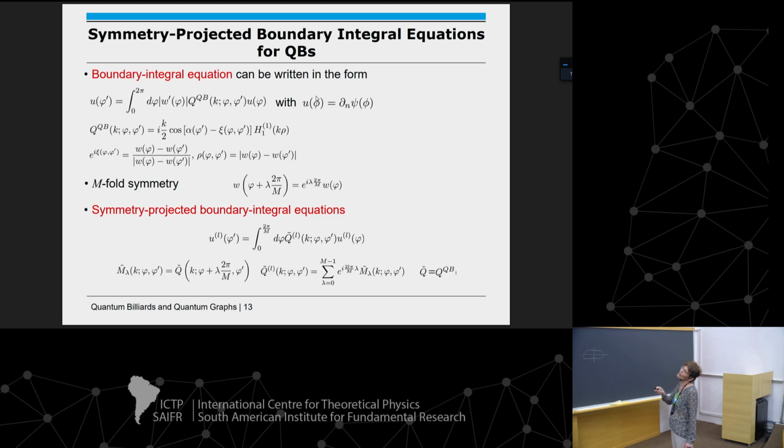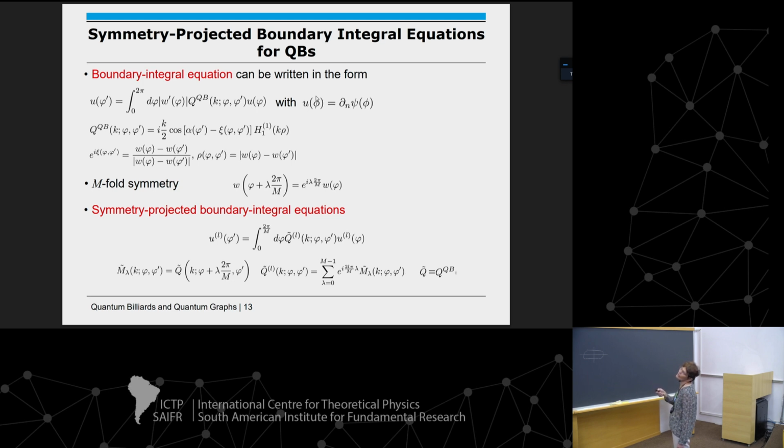So the boundary integral method means that you have to solve such an equation. This is the phi w prime of phi absolute value. This is just the arc length ds multiplied with some factor Q and applied to this wave function u.